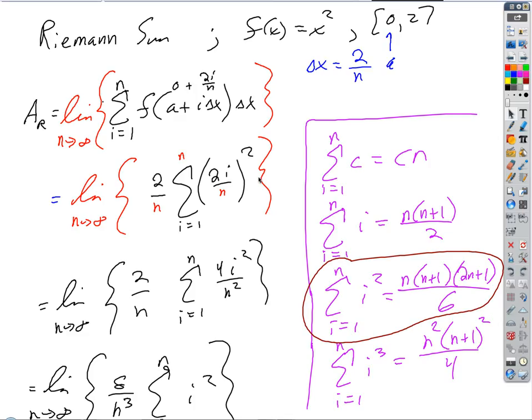What we talked about yesterday a little bit is that because the 2 over n doesn't have an i in it, we can pull that out of the sigma, because the sigma is really only acting on the index variable i. You can think about i as being sort of the variable of the sigma.